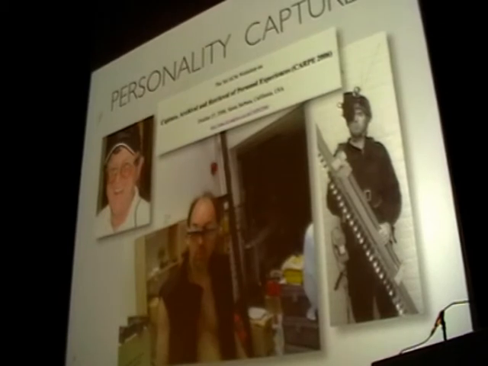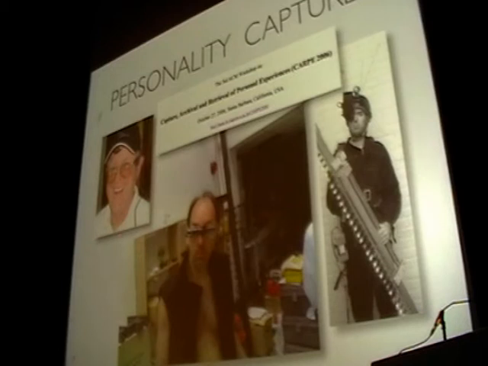As a further preface, is this science fiction, or is it really reality? Well, once we looked into this, we found we're not the first ones trying to do this. There's a professional academic organization that holds regular conferences on personality capture.